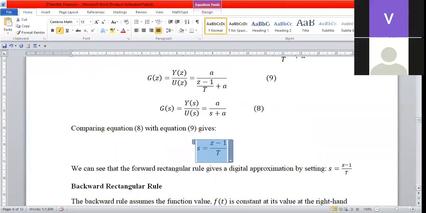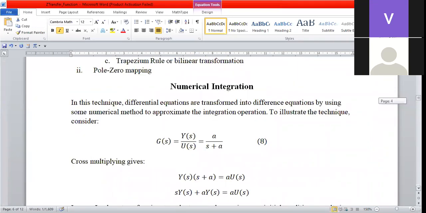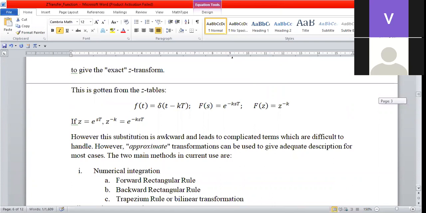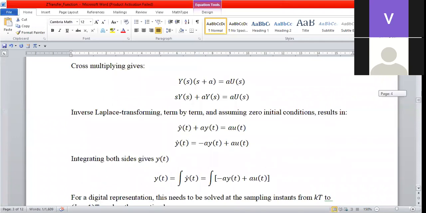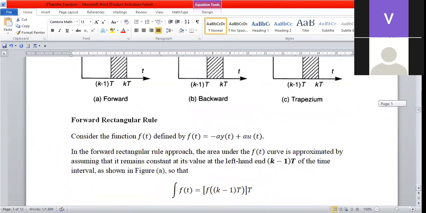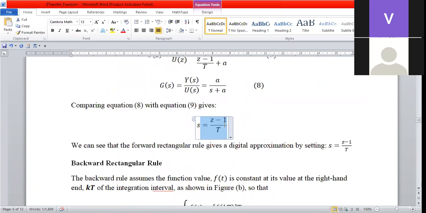For the exact approximation, you replace s with this, and I said that using this is quite complicated, so we had to use some approximate methods. For the forward rectangular rule, you replace s with z minus 1 divided by t to get your z transfer function from the s transfer function.